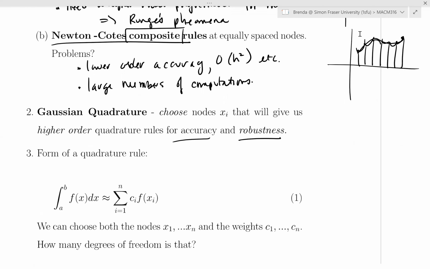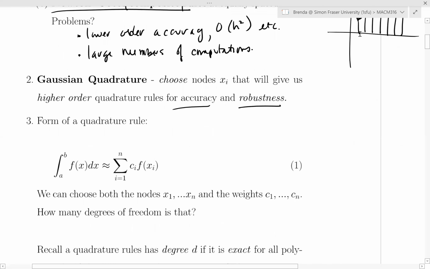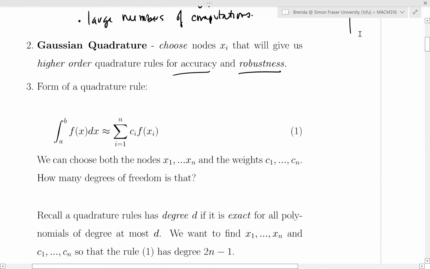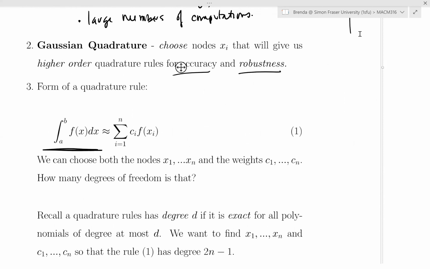So let's just back up a little bit. What is the form of a quadrature rule? What do they all look like? I mean, they all look the same. We are trying to integrate a function over an interval, and we're turning it into a sum. And we have two things that we can do.